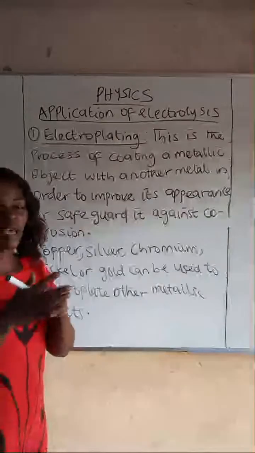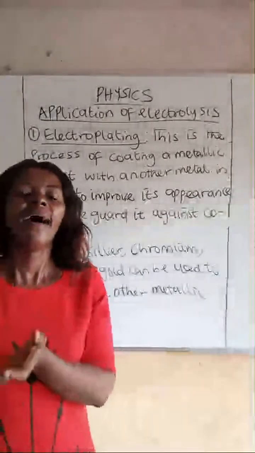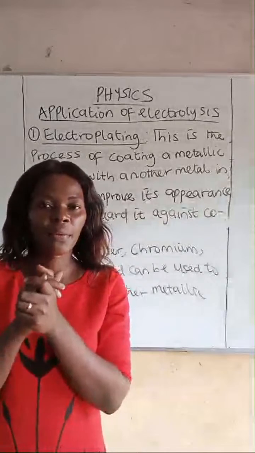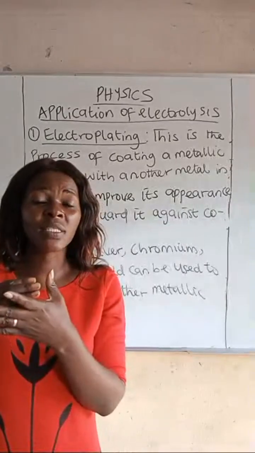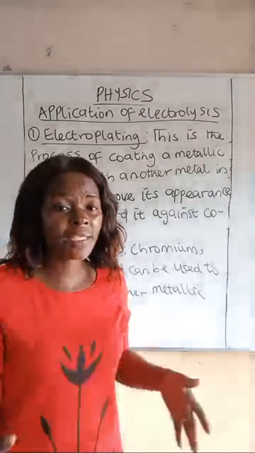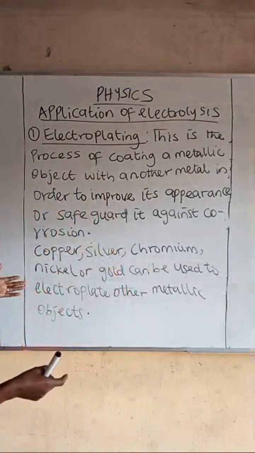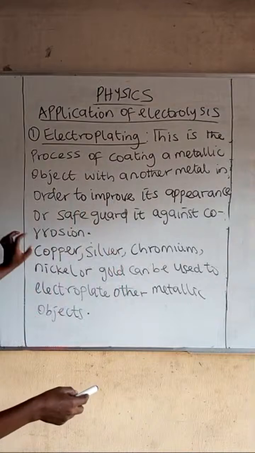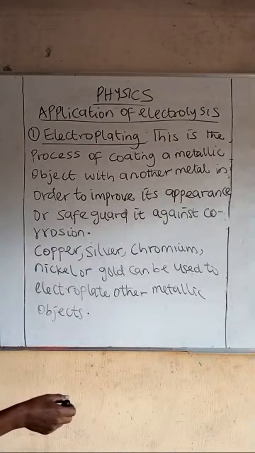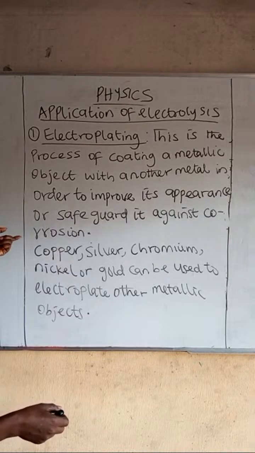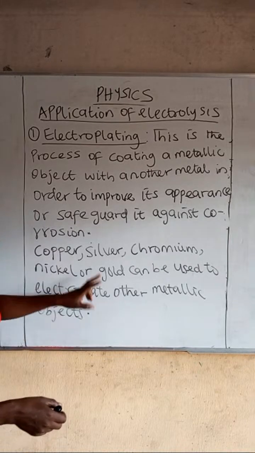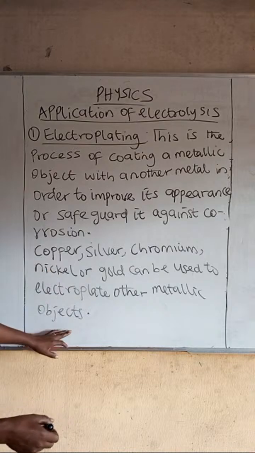You take a metal and coat it with another one, right? When you coat it, that process is said to be what? Electroplating. Now we use materials like copper, silver, chromium, nickel and gold to electroplate other metallic objects.